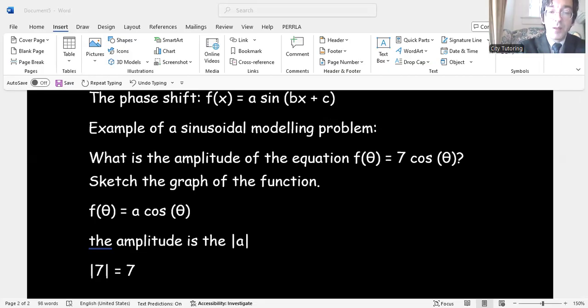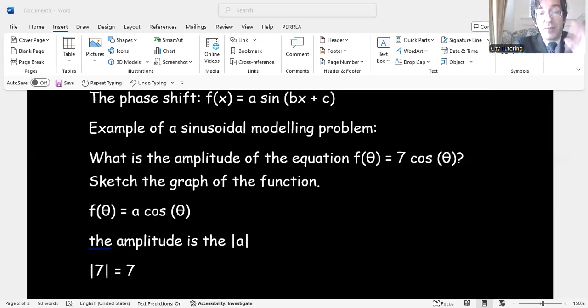That's the easy part. Now, in terms of the graph, you have a cosine, so it has to resemble a standard cosine wave, but you now have an amplitude of 7. That means the peaks of the wave are going to reach 7, and the troughs will go down to -7. Since the period is 2 pi, one period goes from 0 to 2 pi, your key points for cosine would be as follows.